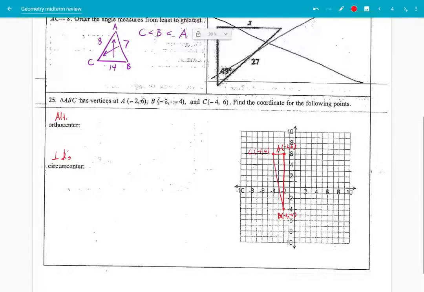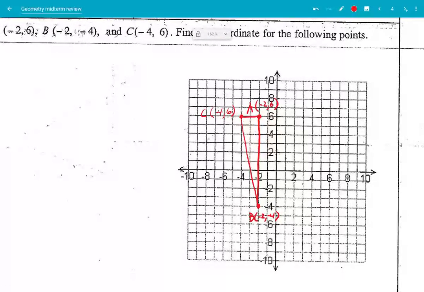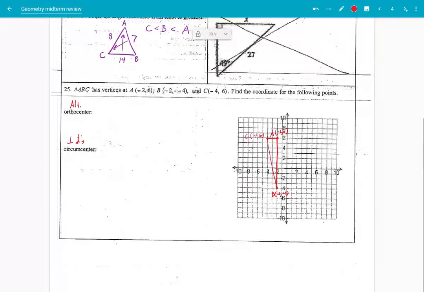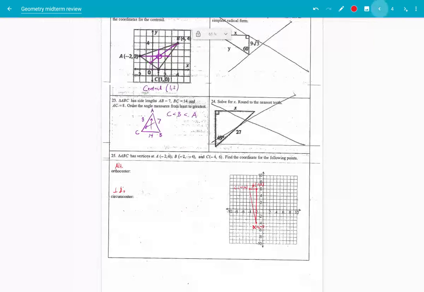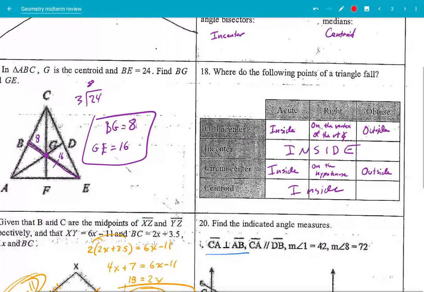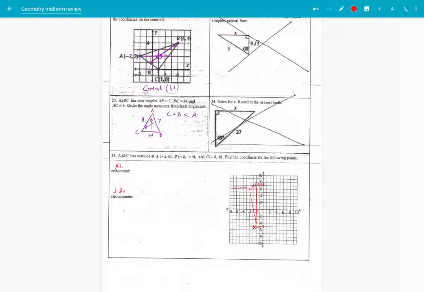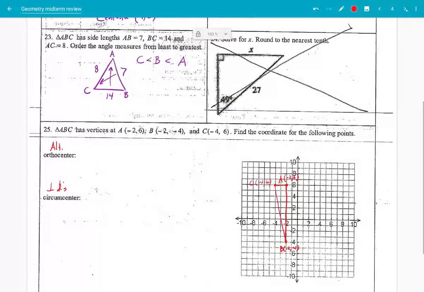Okay, so the altitudes are perpendicular to a side and go through the vertex. And this is a right triangle. So, oh, you know what? Let's look back here. Where do the following points of the triangle fall? The orthocenter of a right triangle is on the vertex of the right angle. So it's right there. -2, 6.